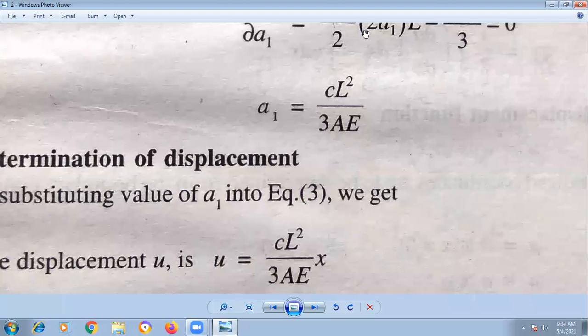C is a constant, say 10 kilonewton force into L cube, L may be 10 meter, divided by A, area is given, Young's modulus is given. So I can substitute the values correspondingly. So this is how we obtain the displacement whenever a uniformly distributed load is given.